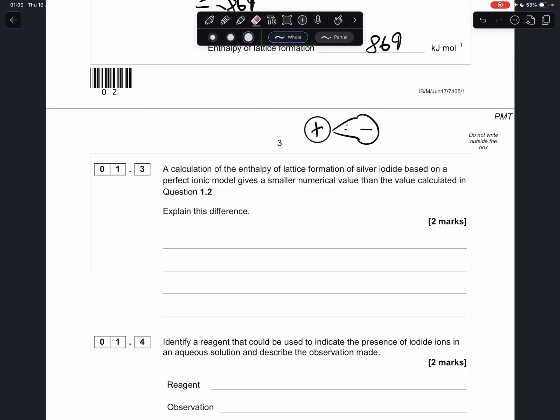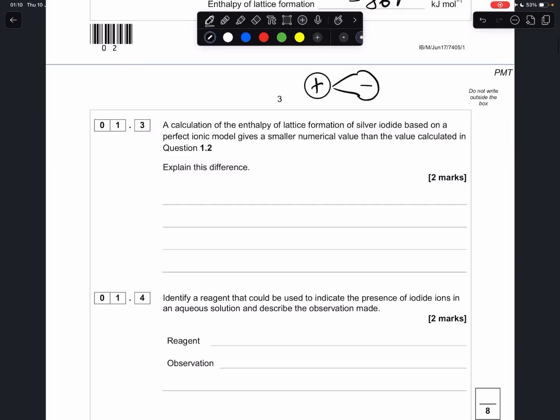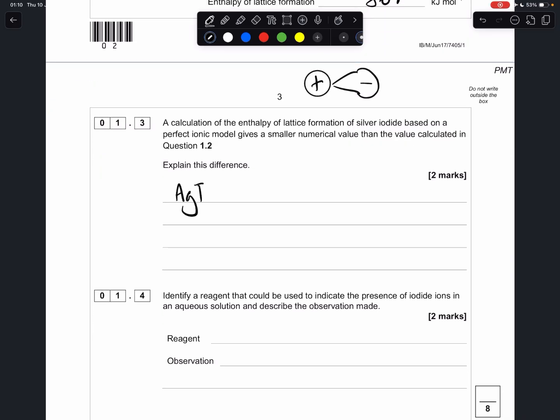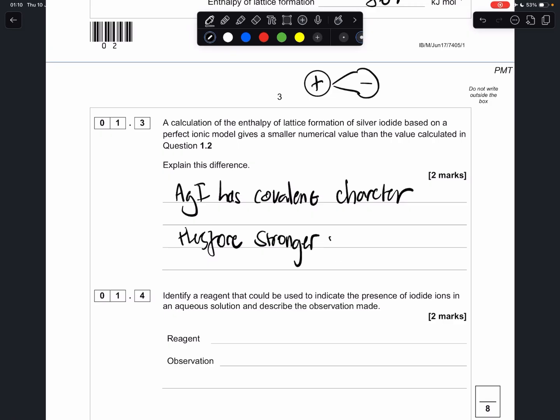If you imagine the electrons are somewhere in there, they're getting pulled closer to the cation because it's very polarizing and charge dense. So it's pulling the electrons closer. And basically what this means is that the bonds are stronger. So what we say is silver iodide has covalent character. Therefore, stronger forces of attraction.